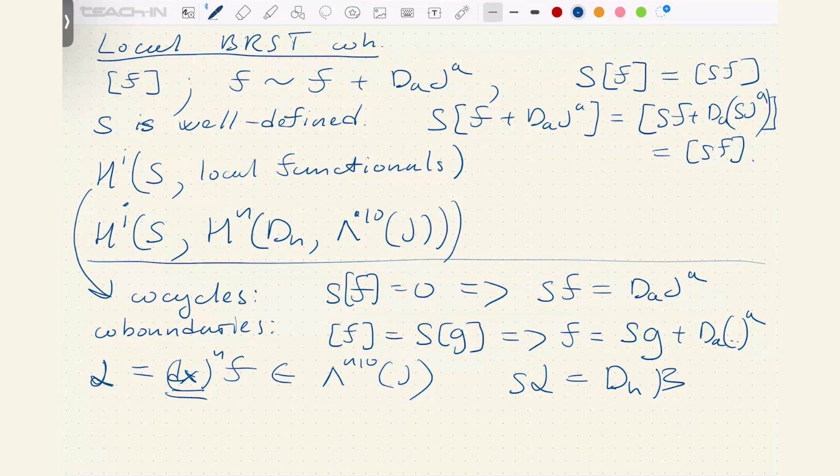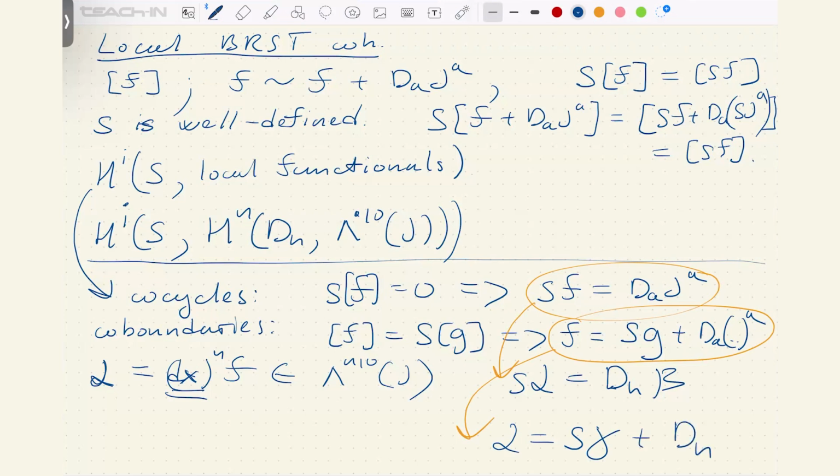So that's how this is translated. And let's translate also this. It tells us that alpha is equal to S acting on some gamma plus d_H acting on something else, delta, for instance.